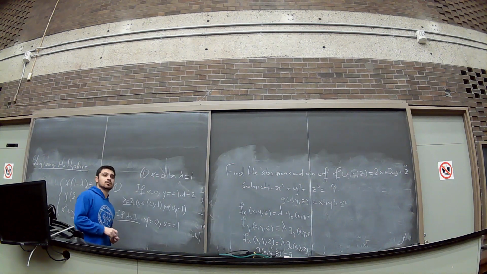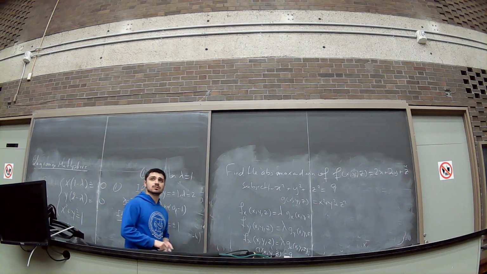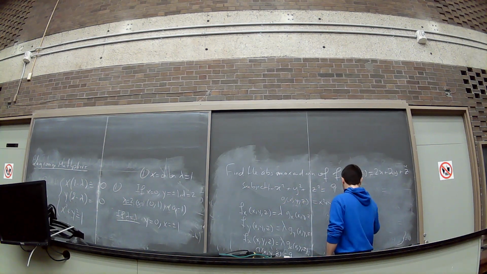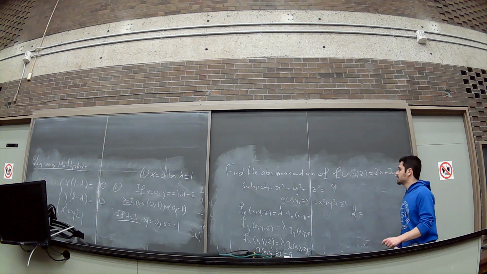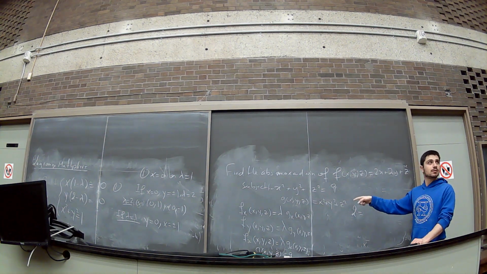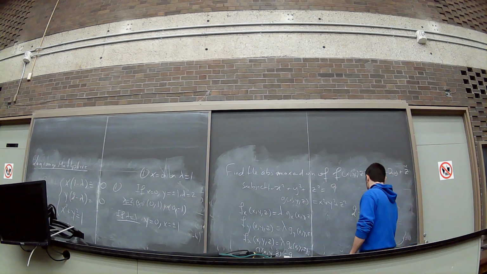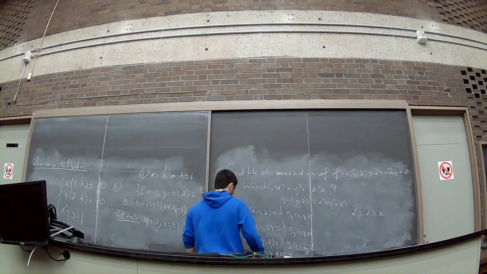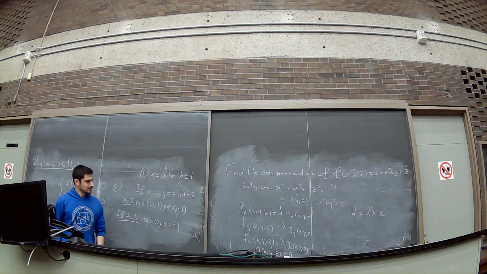Great, what is fx here? Who can help? Fx is equal to 2, right? Everybody, are we good? What is lambda gx? Gx is equal to what? 2x, right? What is fy? 2.